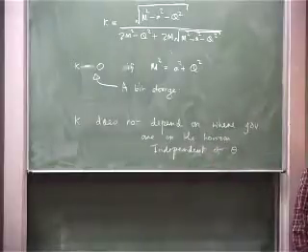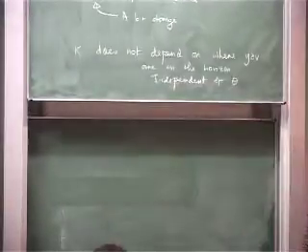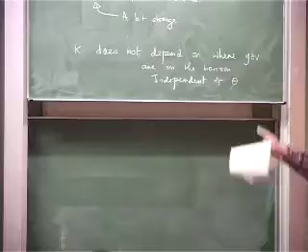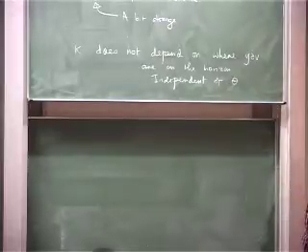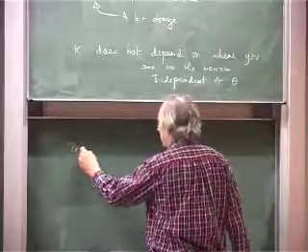It did not have to be independent of theta. It could have come out to be theta dependent, but did not do so. This result is sufficiently important that it has a name. It is usually called the zeroth law of black hole mechanics.